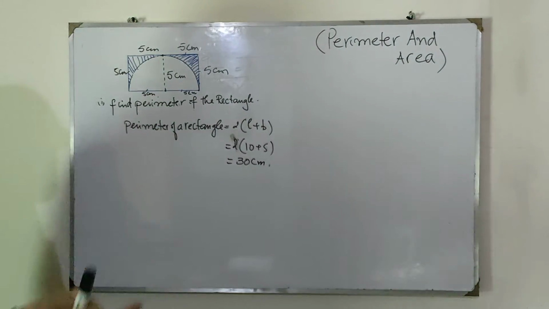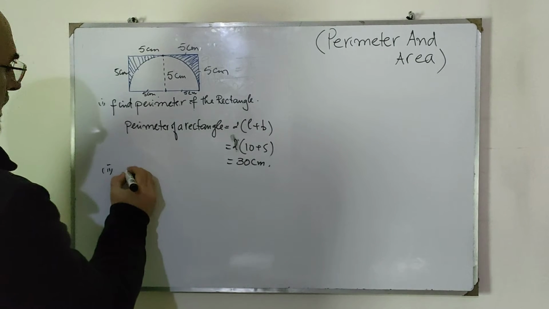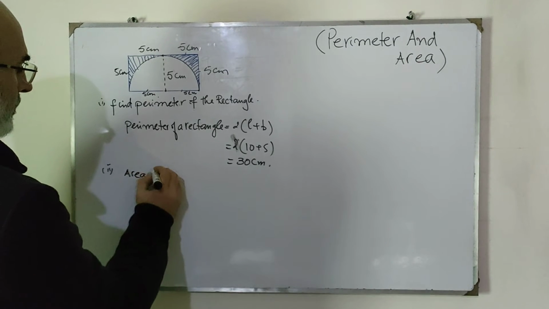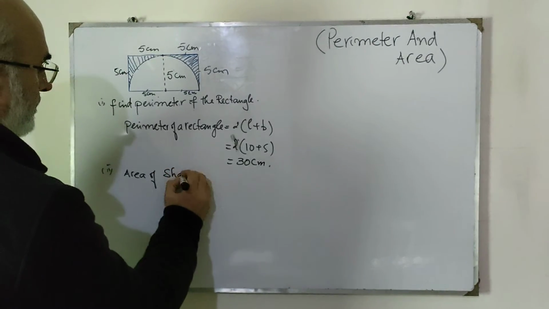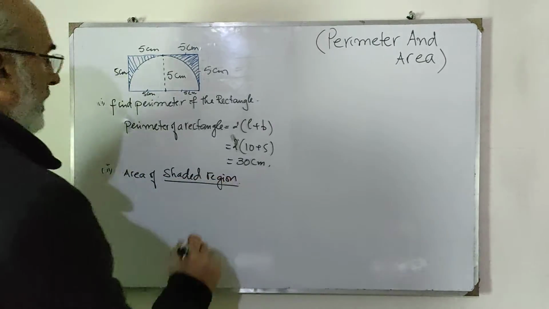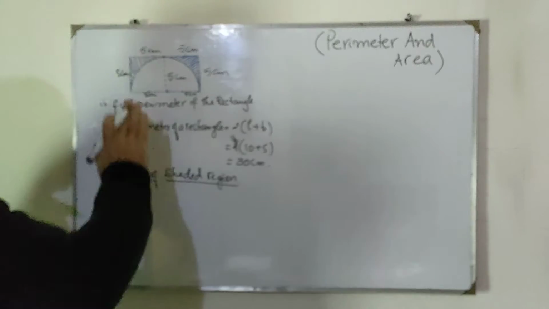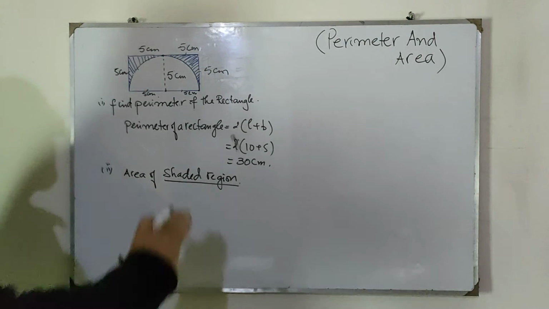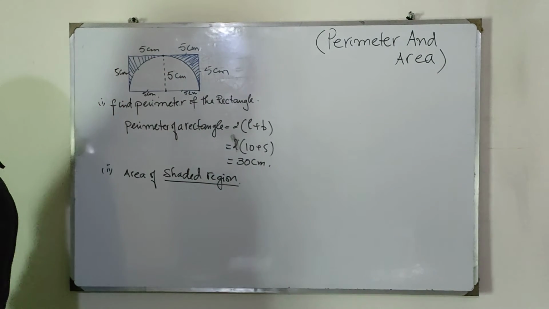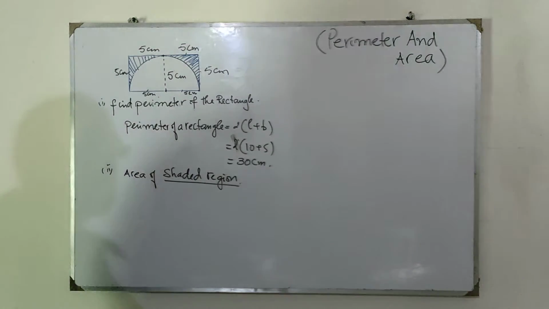The second part is to calculate the area of the shaded region. To calculate it, first we have to calculate the area of the rectangle. Then from the rectangle we subtract the area of the semicircle, and after subtraction we will be left with the area of the shaded region. So let's do that.